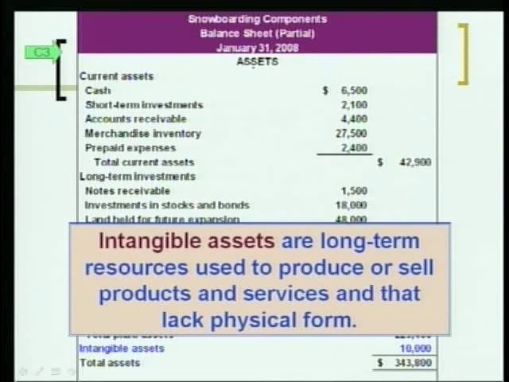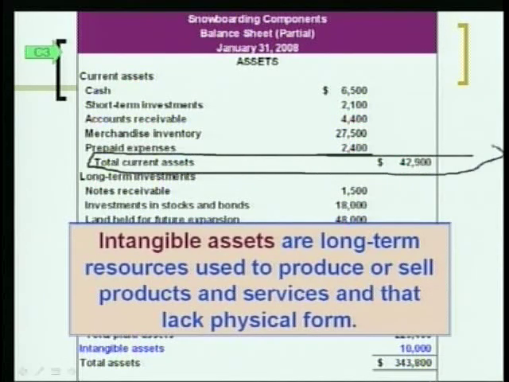Those are things like patents and copyrights. Those are not current assets either. You with me? Now, looking at this balance sheet, you can see one of the important subtotals that we have here is current assets, okay? That helps us calculate the current ratio, which I think I had you read about as well, okay?